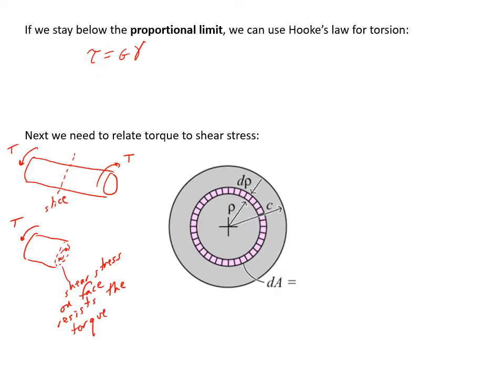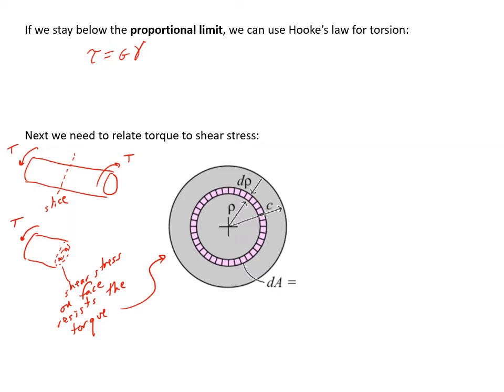And basically that's what we're going to quantify with this figure right there. So we've got a shear stress acting over that whole thing, and we want to integrate over the whole face so that we get the total torque.